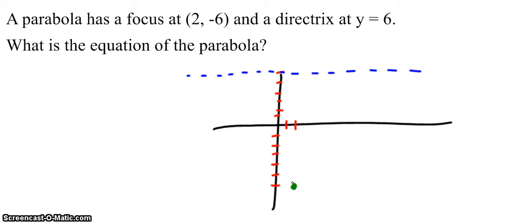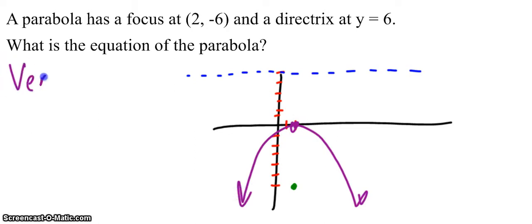So where does the vertex have to be? Well, the vertex has to be halfway in between them, and it has to be on the axis of symmetry. So since this distance here is 6, and this distance here is also 6, I know that the vertex has to be right here. Since the focus is below, I know that the parabola has to open down. So this is why, again, drawing a picture just kind of helps.